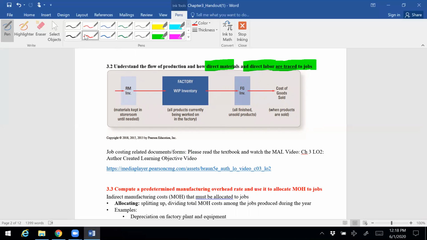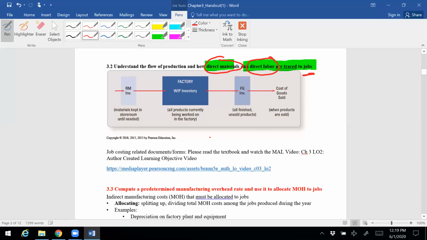You found out that to make this house, you can trace: I used 10 pounds of wood, I used 20 pounds of concrete, and I have my workers. They go there, they build the house, they paint the house, they put all the furniture there. I traced the time schedule. I found out that in order to make this house, in total we spend 100 hours, and each hour we pay our workers $15. So you can trace the direct material, and then you can trace the direct labor to that specific job.